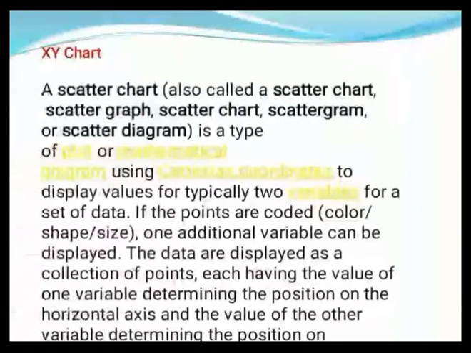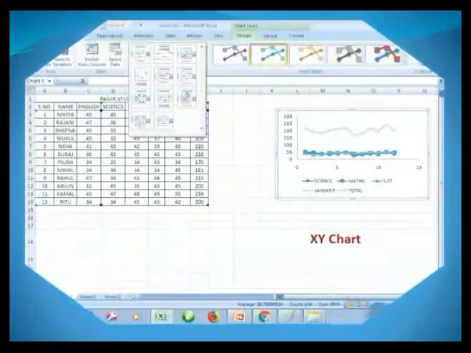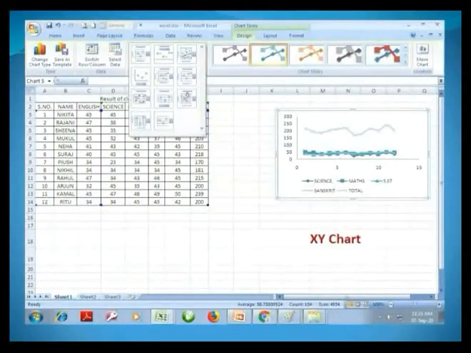If the points are coded by color, shape, or size, one additional variable can be displayed. The data are displayed as a collection of points, each having the value of one variable determining the position on the horizontal axis and the value of the other variable determining the position on the vertical axis.